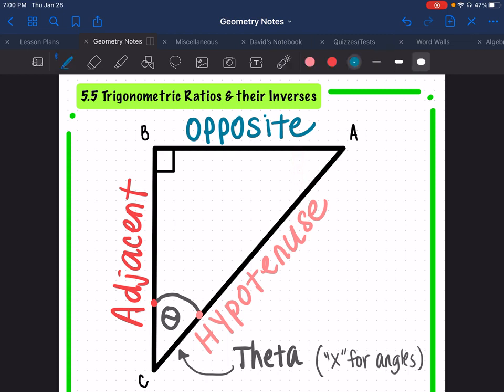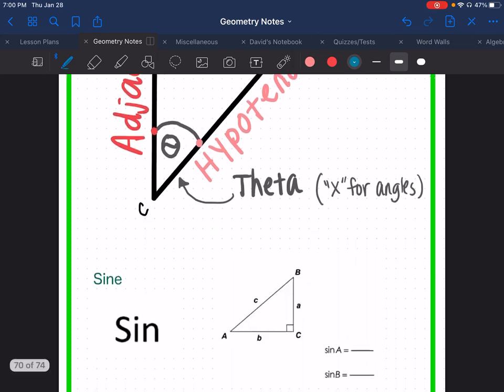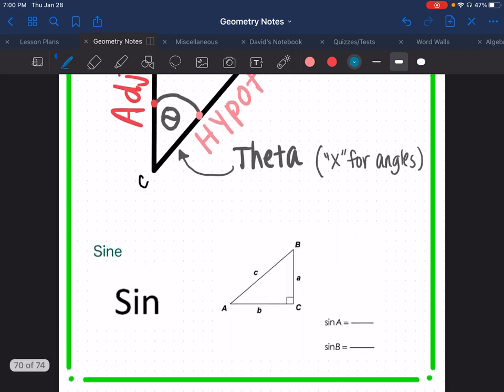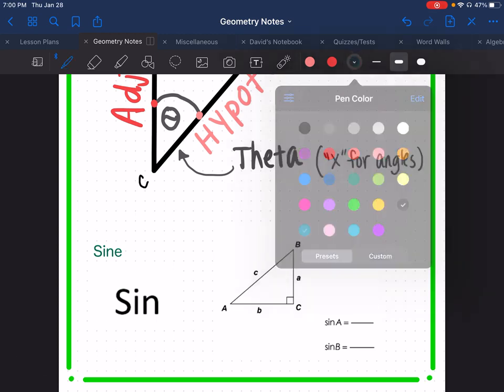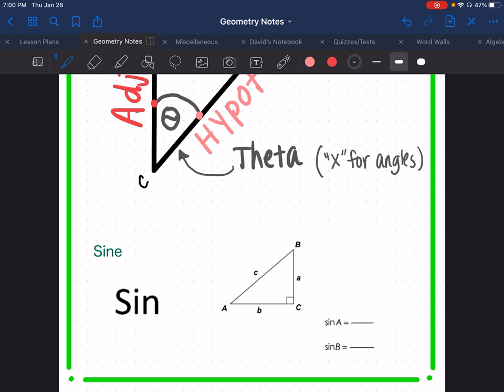All right, let's go ahead and take a look at our first trigonometric ratio, which is the sine function. All right, the sine function is written like this. It looks like sin, okay, but we're going to do the sine of theta.